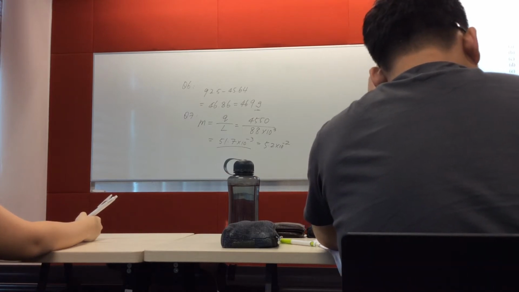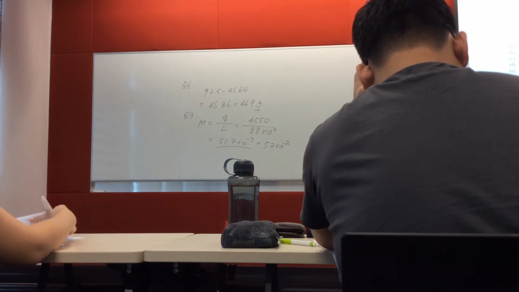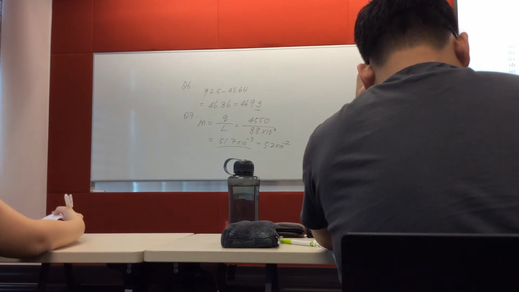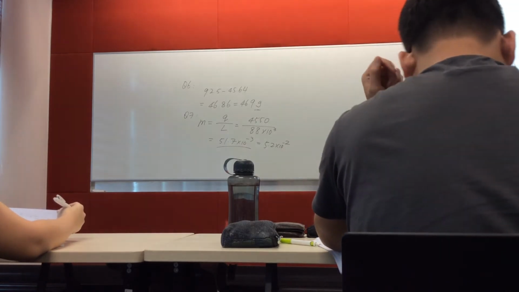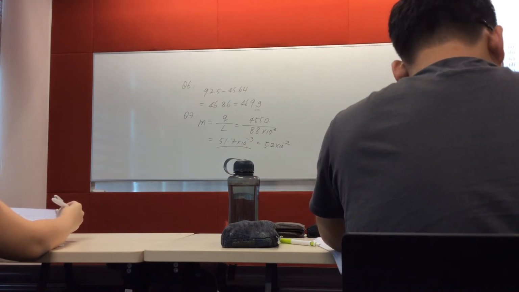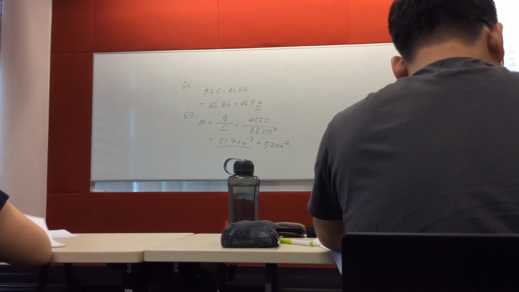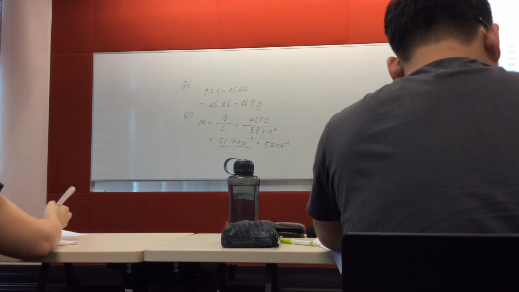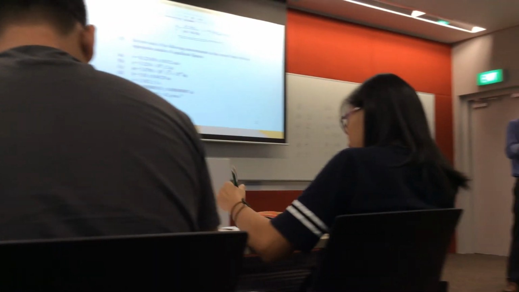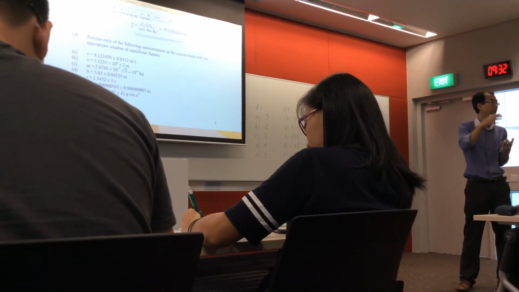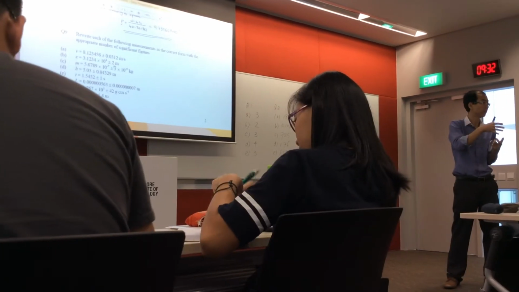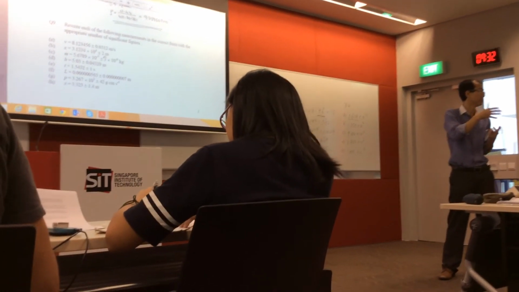So let me summarize again. For the first part, we talked about how to report numbers. Basically, we have 2 rules. One is if it's addition and subtraction, you need to look at the number of decimal places, and the result follows the minimum number of decimal places.